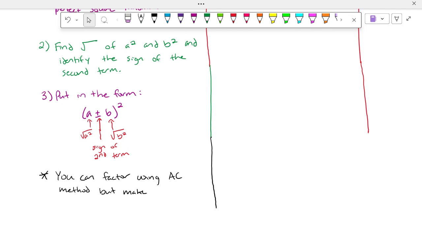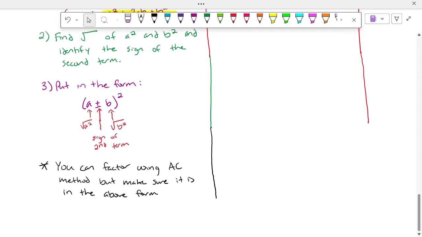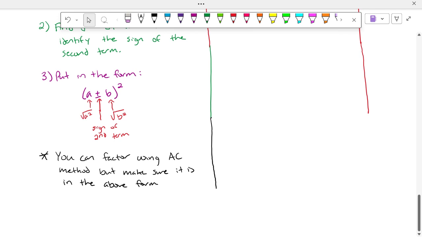But make sure it is in the above form. So for example, if you had x plus 1 times x plus 1, if you factored using the AC method, just make sure you write it as x plus 1 squared.